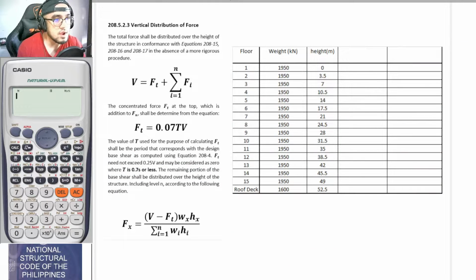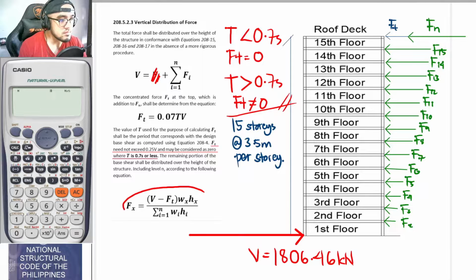I have already pre-made a table because it is easier to do it this way. As you can see here, the force at level x, or the force to each of these elements, is written as V minus Ft times Wxhx divided by the summation of all the products of the weight times the height.